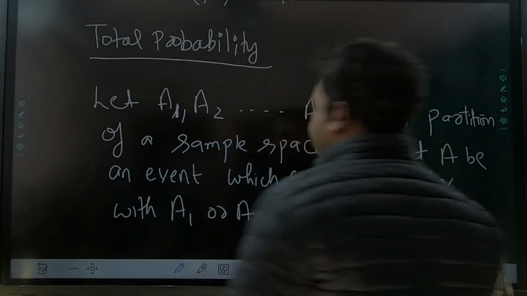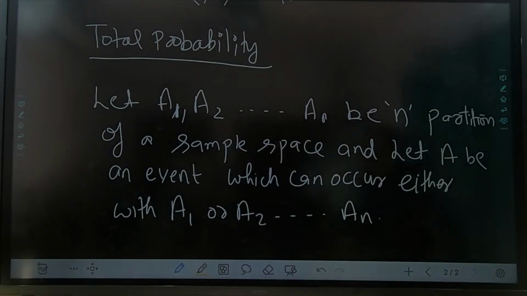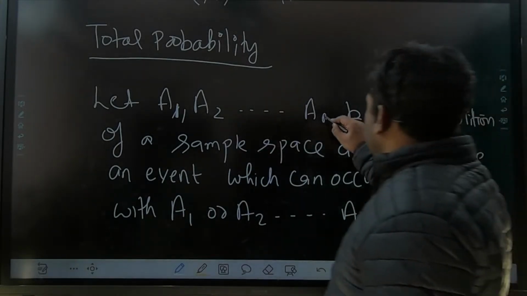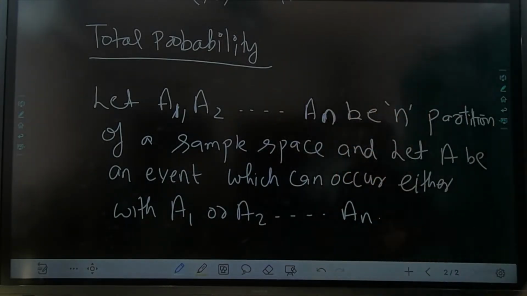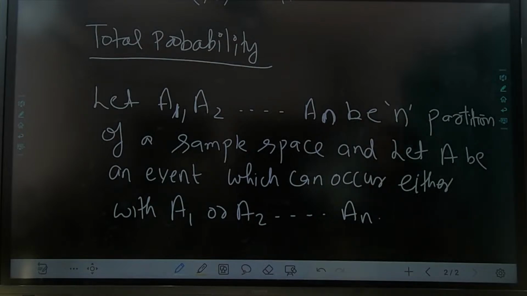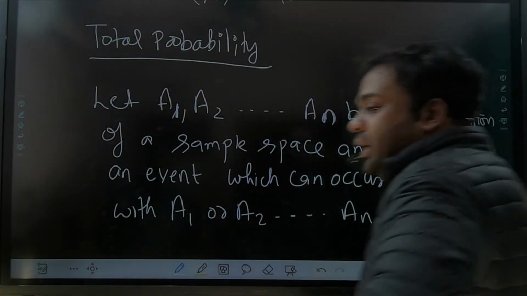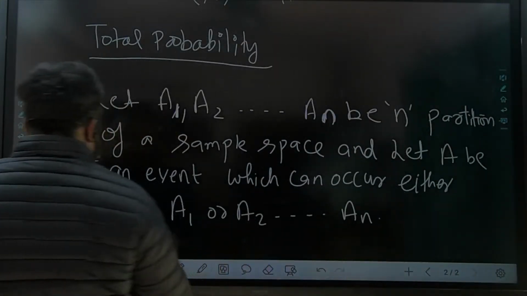Partition means events only, a subset of sample space. So A1, A2 up to AN are n events of a sample space, and let A be an event which can occur with any one of the nth partition.